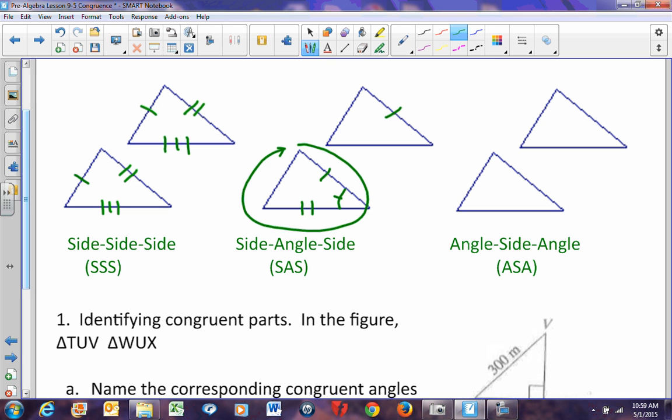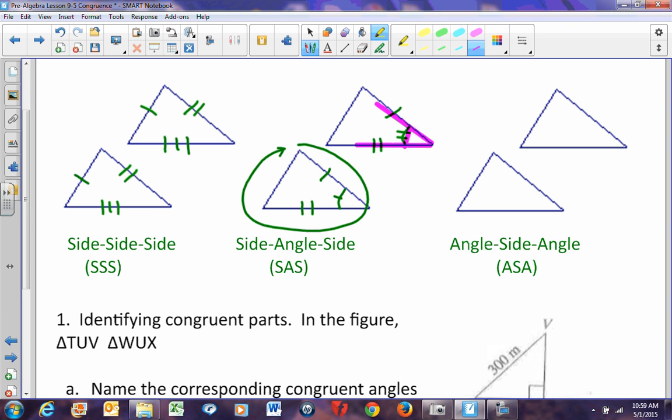The angle has to be between your 2 congruent sides without skipping an angle or skipping a side. So that would be called side, angle, side. And it doesn't matter what sides or what angles as long as they go in a row. Notice here I have the side, then the angle, then the side. I go in order around my figure.